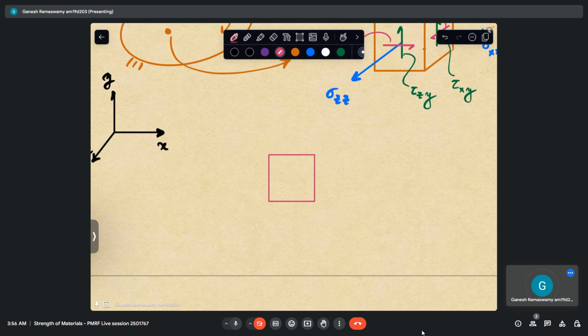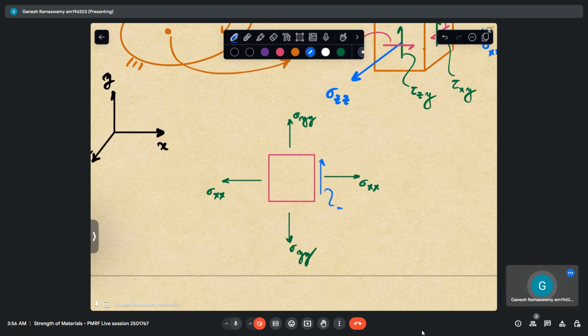Here we have sigma xx, and then this is sigma yy. It need not be tensile always. I'm just representing it like this. And then this will be a positive shear stress.